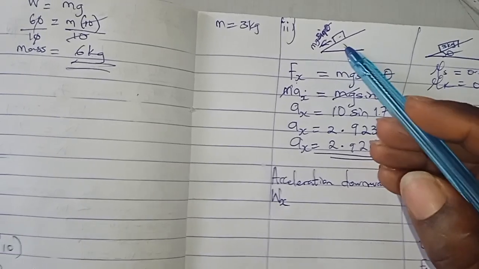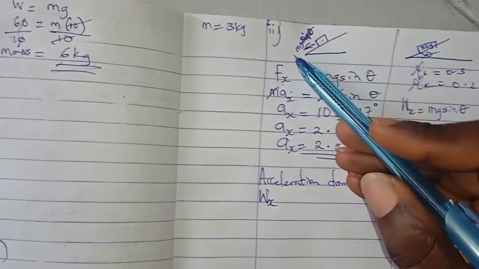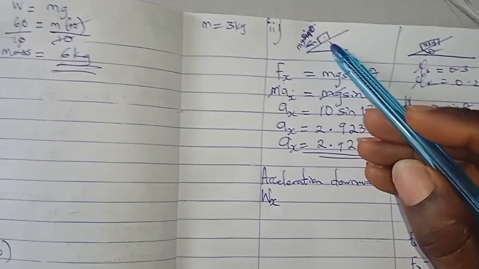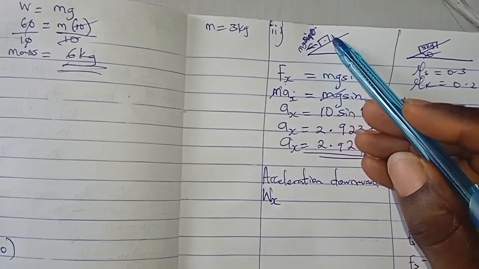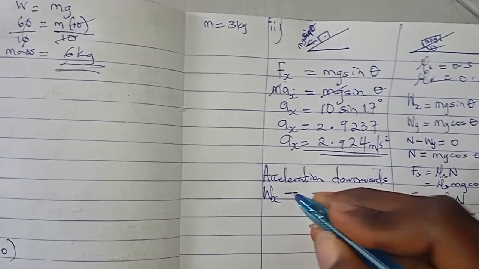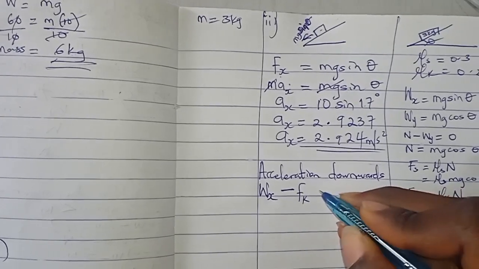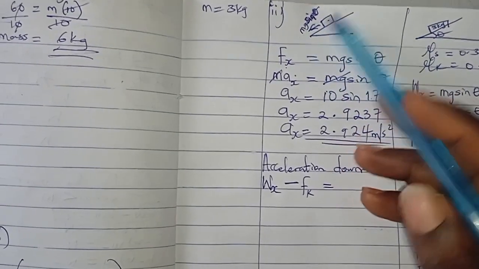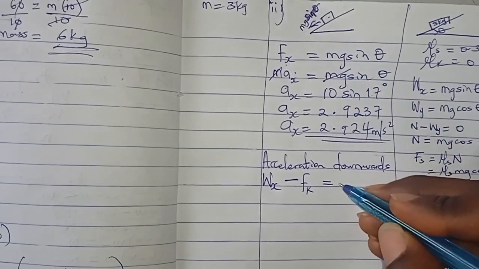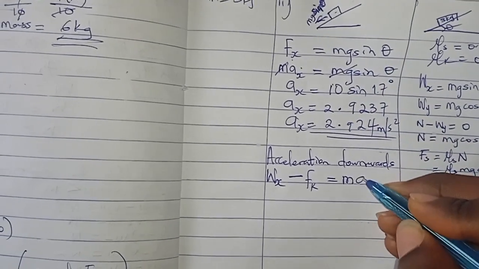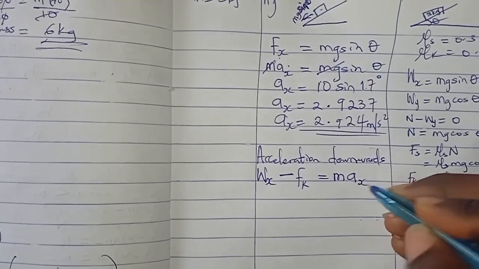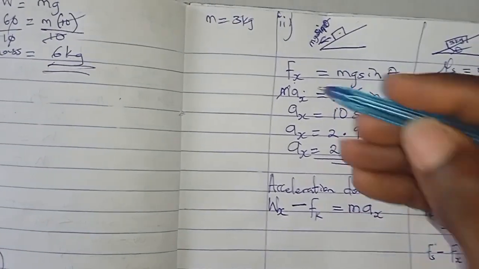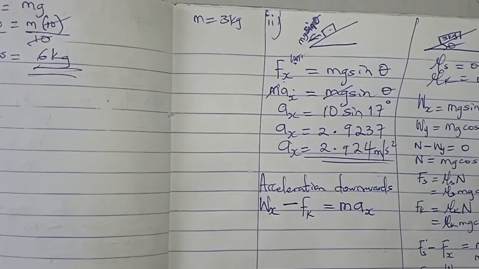You know that anytime you want to come down, friction wants you to go in the opposite direction. So as the weight component acts down this way, friction will be going in the opposite direction. The friction there will be kinetic friction. So everything down here is equal to the mass of the body times the acceleration of the body, and this is the acceleration on the x-axis.